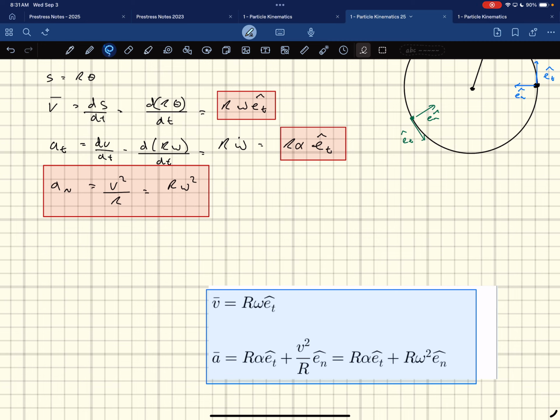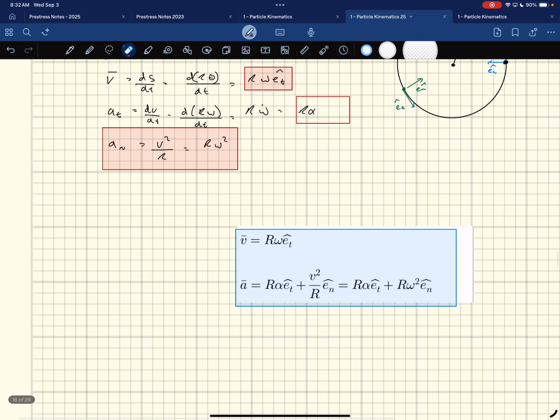What I should do is get rid of this one. I'll fix it. I think technically all of them are right now, because we usually don't talk about a_n and a_t as being vectors themselves. The overall a is a vector, and then a_n is just this magnitude out front, either r omega squared or v squared over r. And then r alpha is the a_t, and the direction is in the e_t direction.